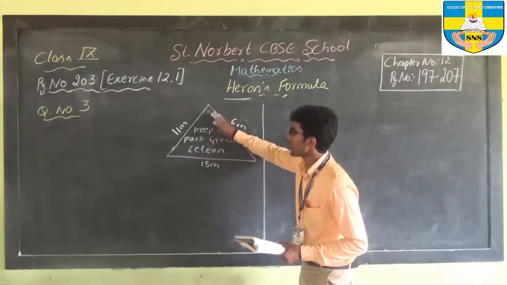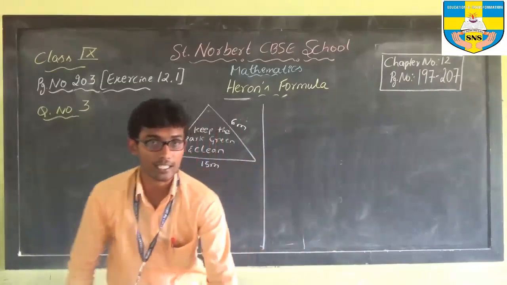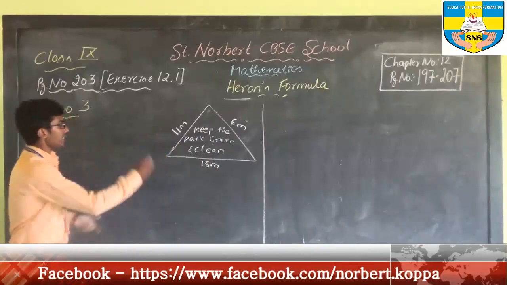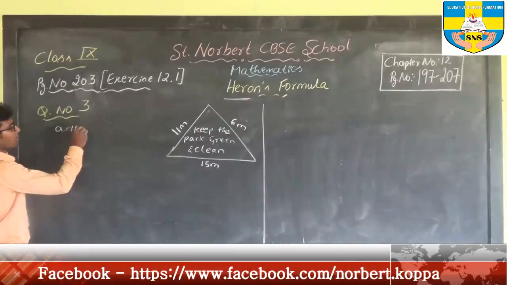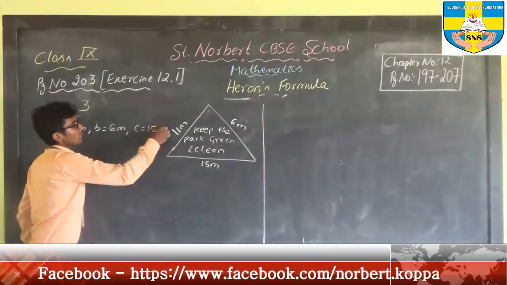Okay, to calculate the area of this triangle, we need to go for Heron's formula. The reason is we know all these 3 sides of a triangle. A is given, A is nothing but 11 meter, B is 6 meter, C is 15 meter.